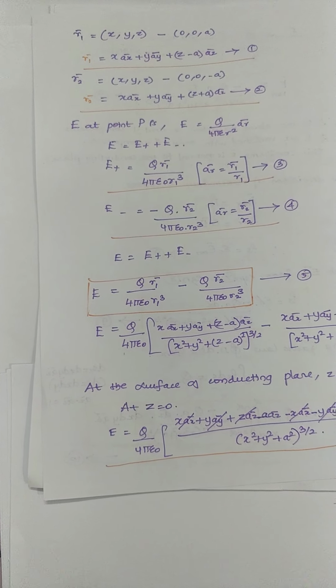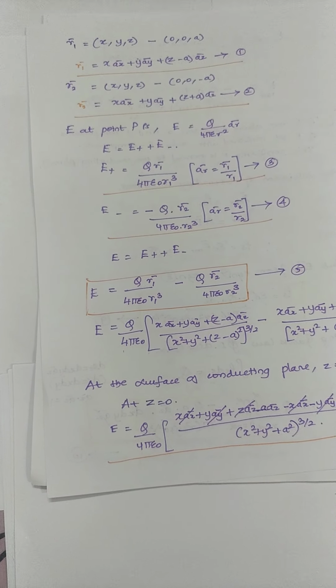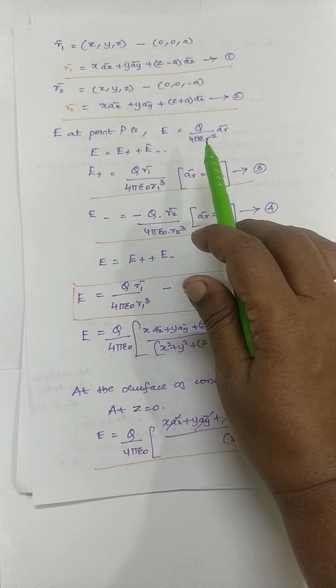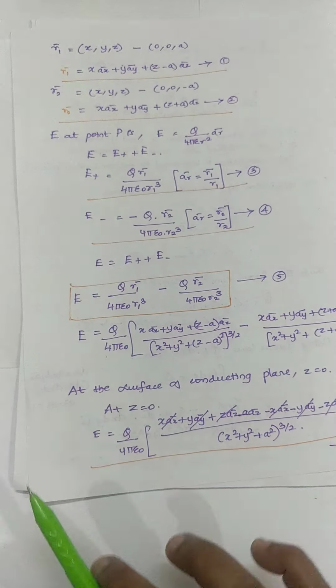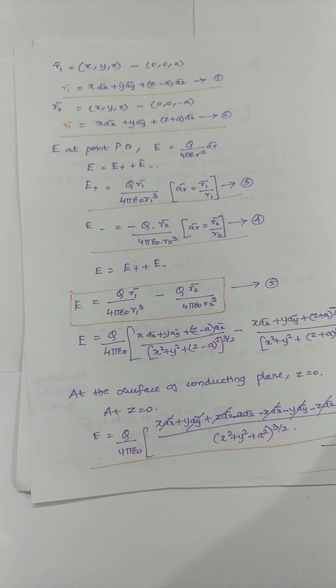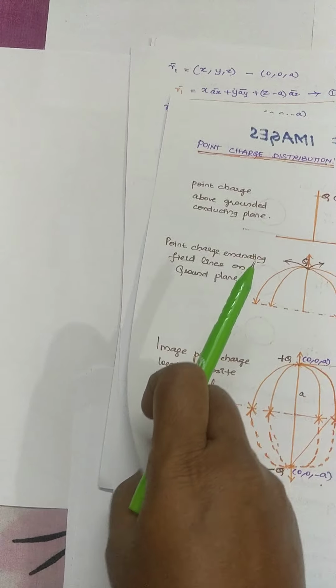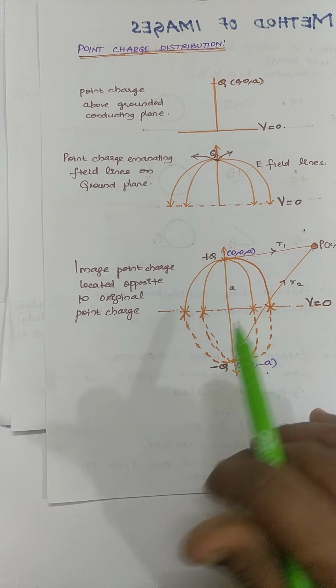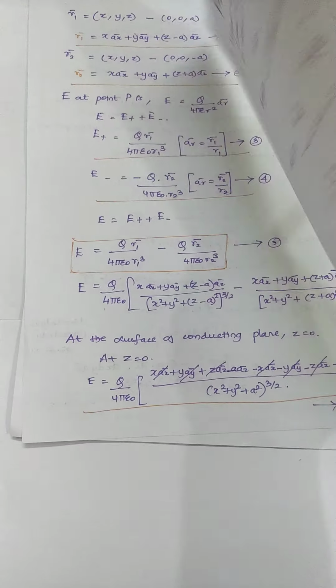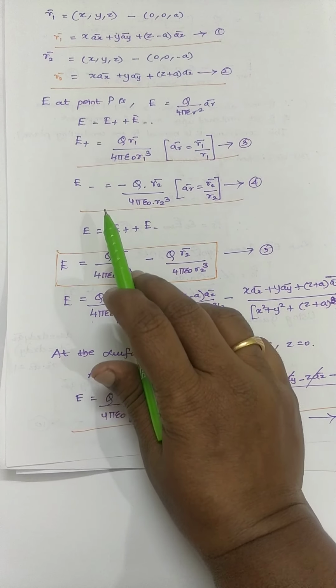Next, let us find the electric field intensity due to the point charge. By definition, E is equal to Q by 4 pi epsilon R square of aR vector. In this diagram, it is due to two charges, plus Q and minus Q. So E due to plus Q is E plus, and E due to minus Q is E minus.